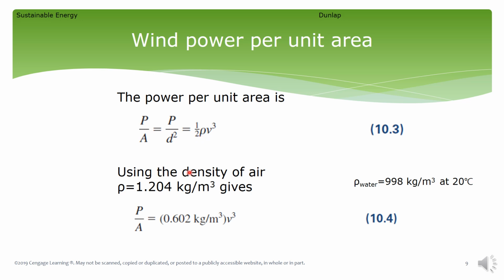If we apply an air density of 1.204 kilograms per cubic meter, we can get this equation. And if we know the velocity of air, we can get the wind power per unit area.